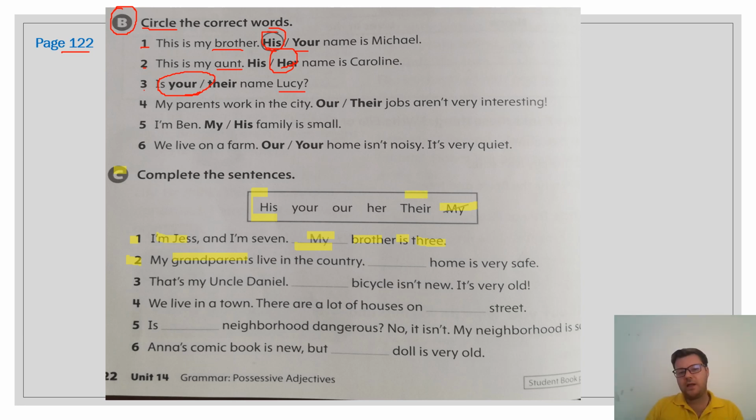So you're going to write their house, or their home is very safe. P1, I would like you to try and answer number 3, 4, 5, and 6 by yourself.